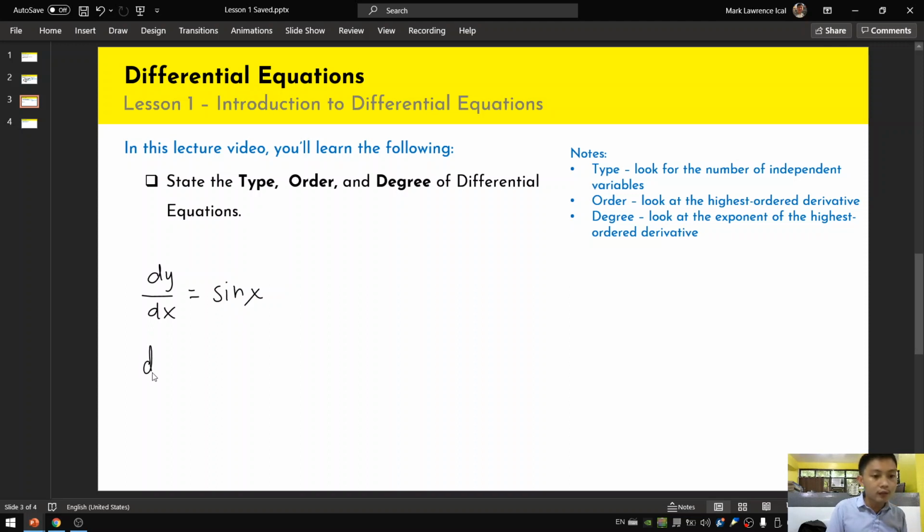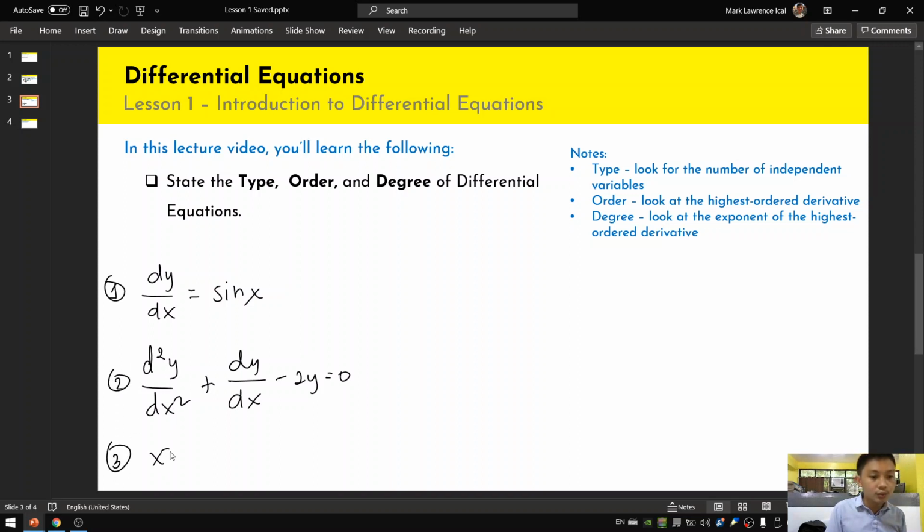We also have d squared y over dx squared plus dy over dx minus 2y is equal to 0, and let's say this is 1, 2, 3.